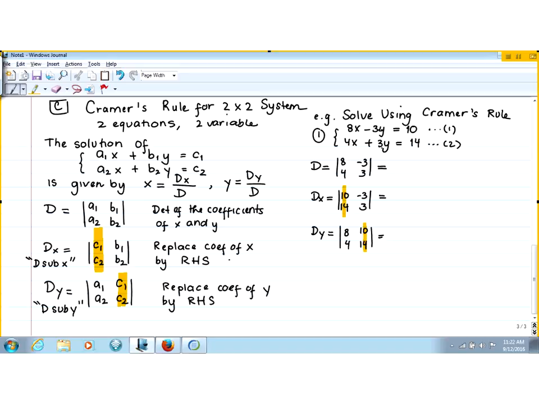Okay, now we just have to calculate AD minus BC. AD, 24, minus BC, negative 12. So 24 plus 12, 36. Same thing, AD, 30, minus BC, negative 42?